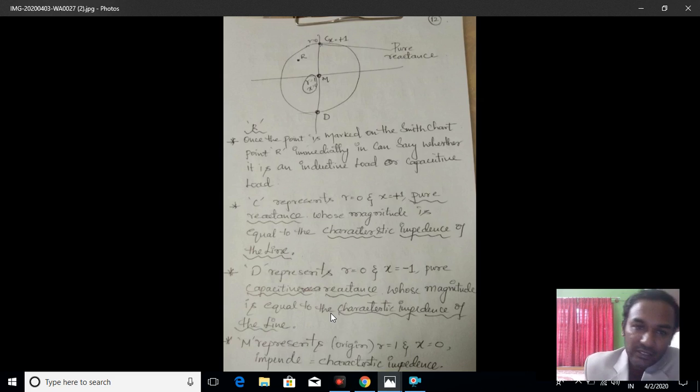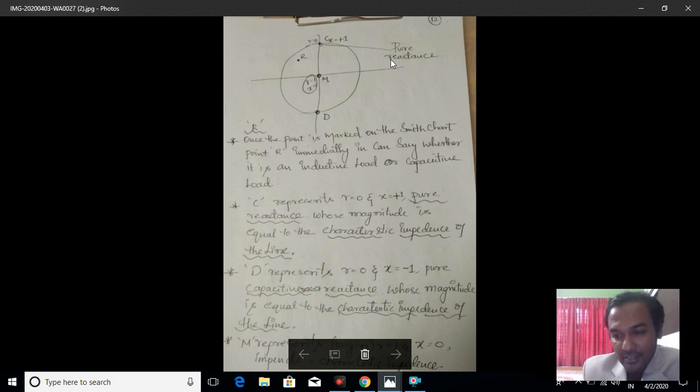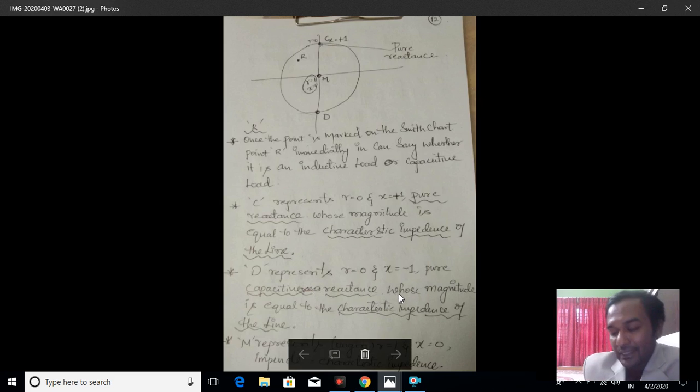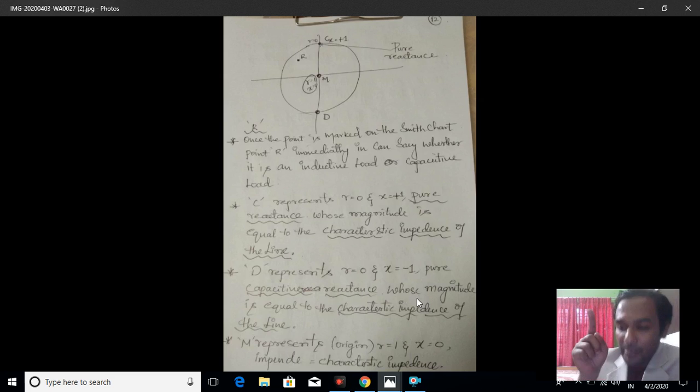Pure capacitive value, because we know that the lower half circle of the Smith chart represents the capacitance value. The upper part will represent the inductive value. Now we can see that it is the pure capacitive reactance and the magnitude is equal to the characteristic impedance of the line. Normalized impedance is equal to output impedance divided by the characteristic impedance.